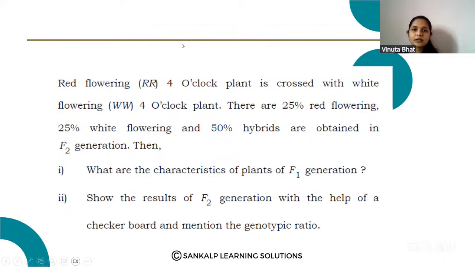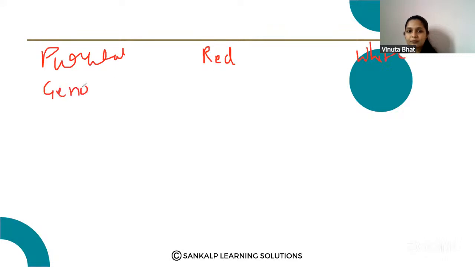Okay. So here, the parental plants: they are having the red color flower producing plant, and their phenotype is red color, and the white color flower producing plant. Their genotype is capital R, capital R, capital W, capital W. Okay.